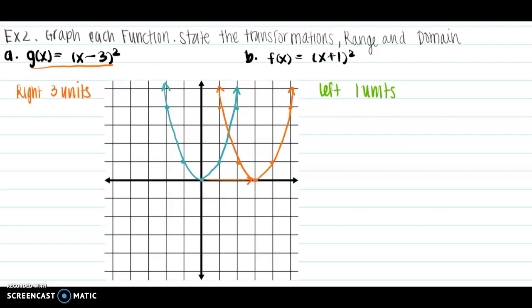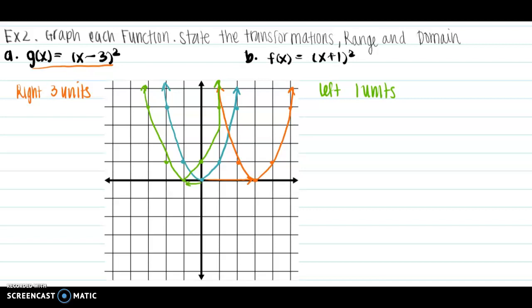Alright, perfect. And then we're going to go ahead and move the other one 1 unit left. That wasn't perfect, but that's fine. Okay, so that's what the graphs would be.